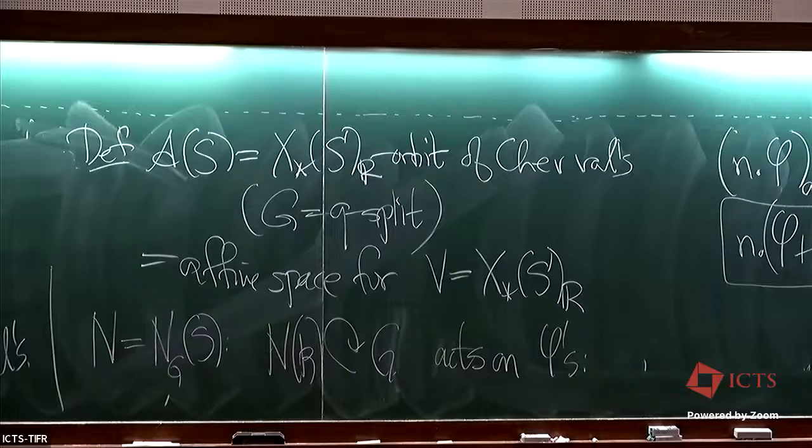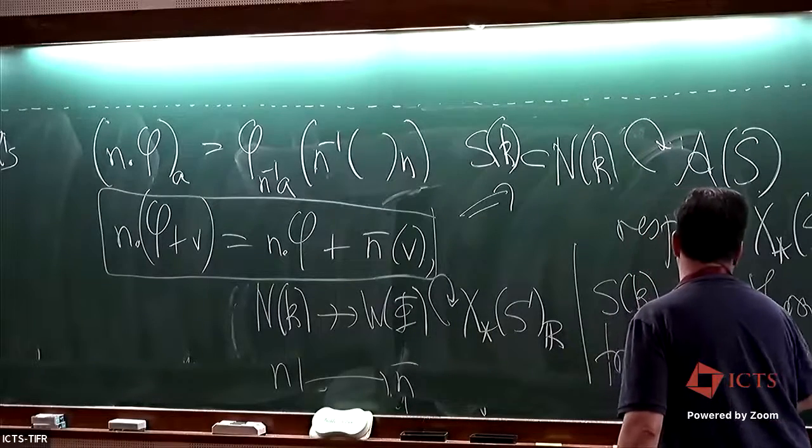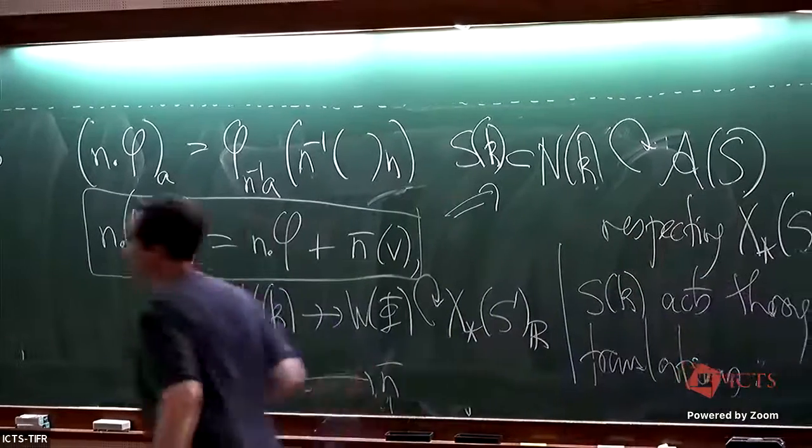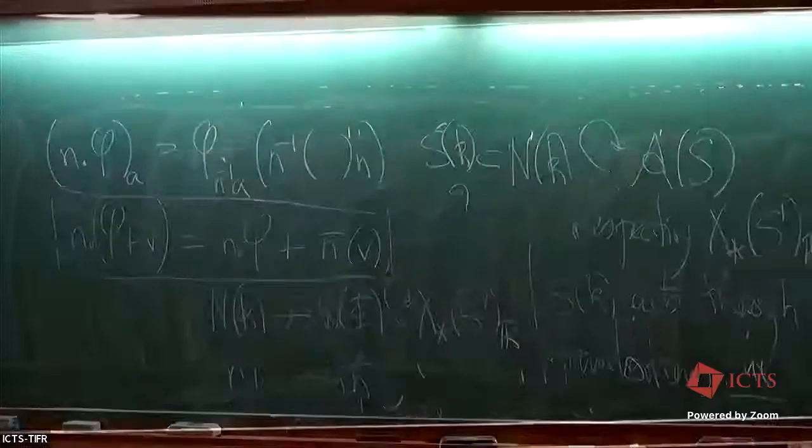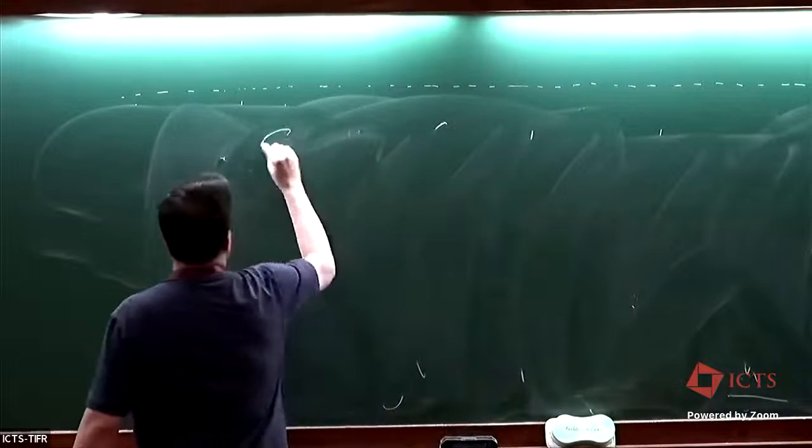Okay? So the point is, it respects this, but S of k actually acts through translations. Let me make that more specific. So our torus maps to the adjoint torus.